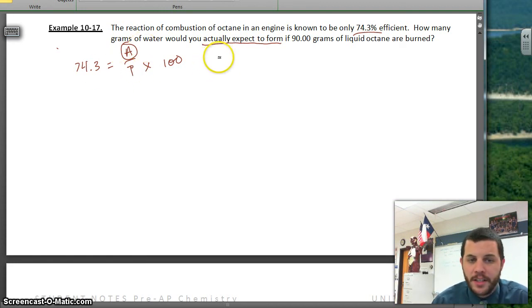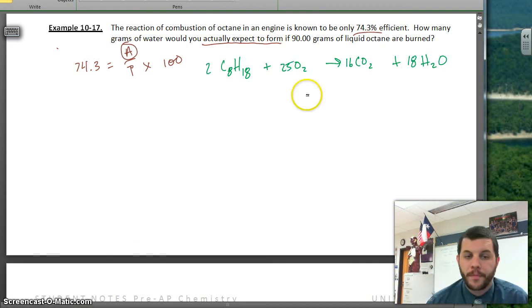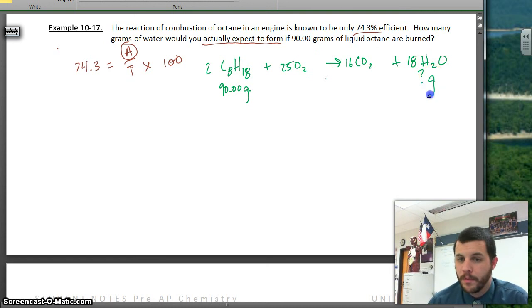We're dealing with octane, which is C8H18, plus O2 yields CO2 plus H2O. Let me balance this real quick. There we go, it's balanced. Now I know I'm starting with 90 grams of liquid octane, and I want to find out how much water I could theoretically produce in grams.